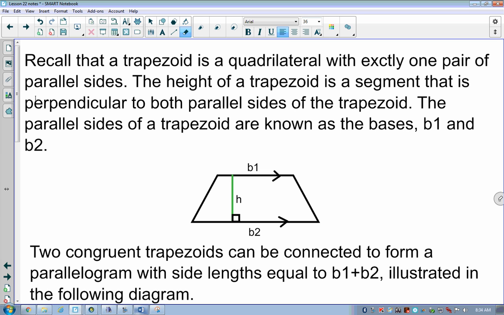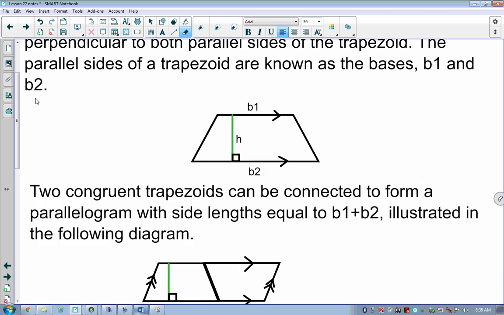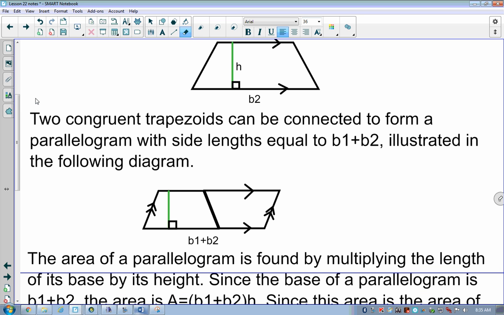The height of a trapezoid is the segment perpendicular to both parallel sides, and we refer to those parallel sides as base 1 and base 2. Two congruent trapezoids can be connected to form a parallelogram with side length equal to base 1 plus base 2. If this is base 1 and this is base 2, then this is base 1 again, so adding base 1 plus base 2 gives the parallelogram's base.